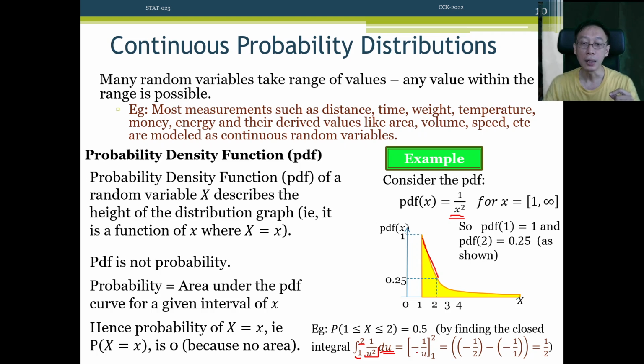So we do that, and for 1 over u squared, the integrated form is minus 1 over u. Then we need to substitute 2 into wherever u occurs, minus another copy of it, and replace any copies of u with 1. So one copy of minus 1 over u, another copy of minus 1 over u.